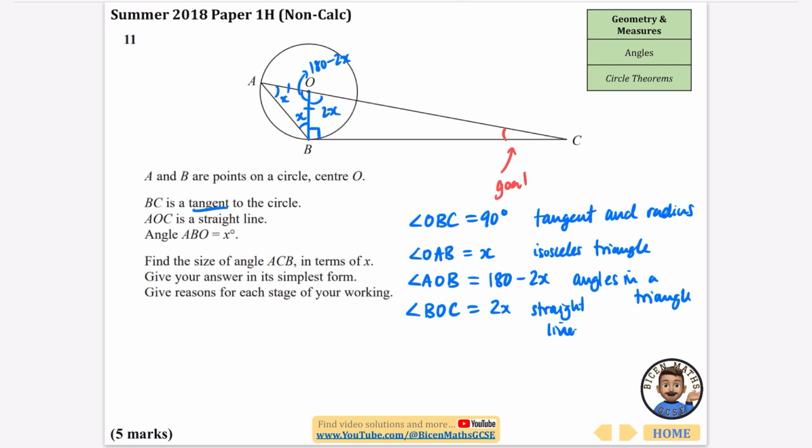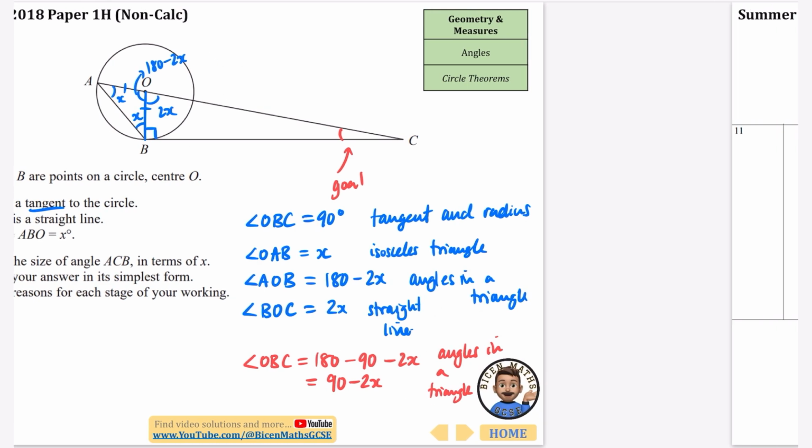So my last thing, my goal that I'm going to say here, angle OBC is 180 minus the right angle, which is 90, minus the 2x. And 180 minus 90 is 90. So it is 90 minus 2x. And the reason for that is angles in a triangle. So we've definitely given loads of reasons there, and we've come up with 90 minus 2x.